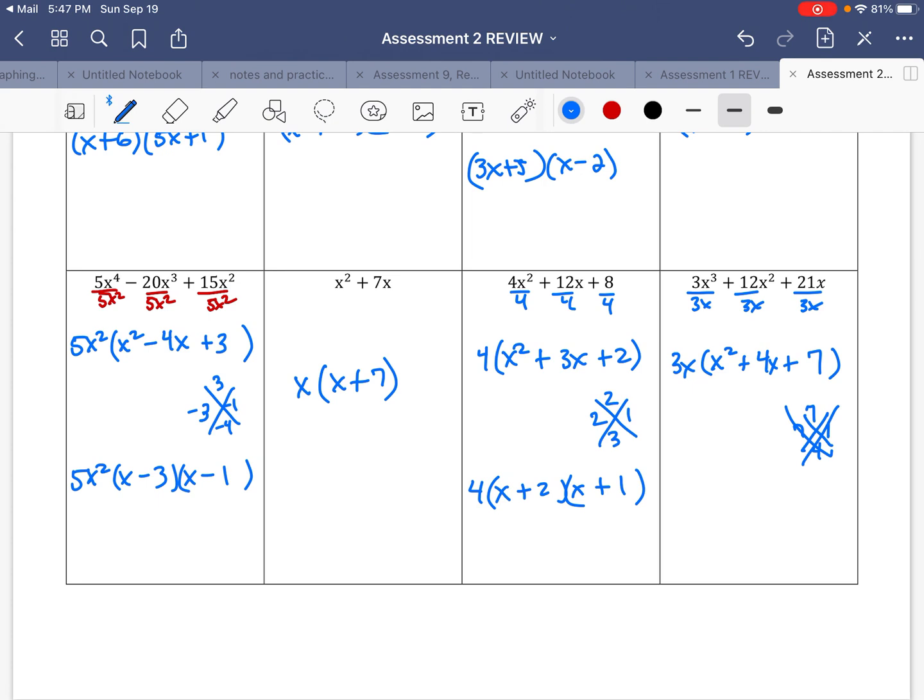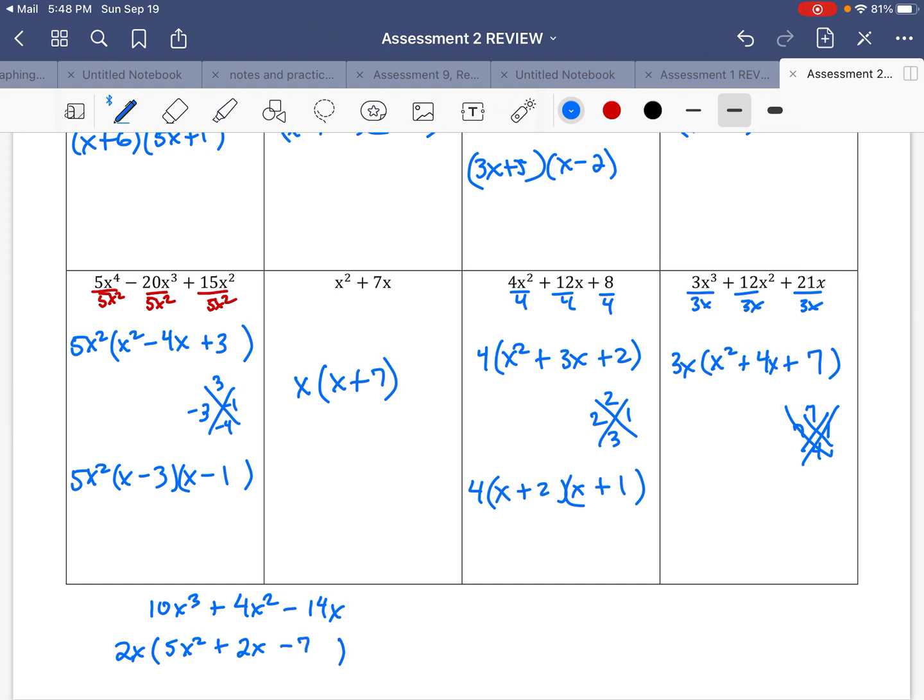Let's say I had 10x to the third plus 4x squared minus 14x. If I had to factor this completely. So I notice they all divide by 2, and they all have an x. So I'm going to pull out a 2x, which would leave me with 5x squared, since 10 divided by 2 is 5. 4 divided by 2 is 2, and 1x left. 14 divided by 2 is 7, and there's no x left.